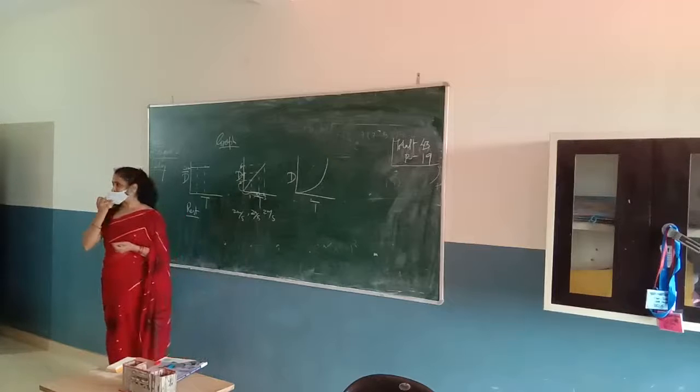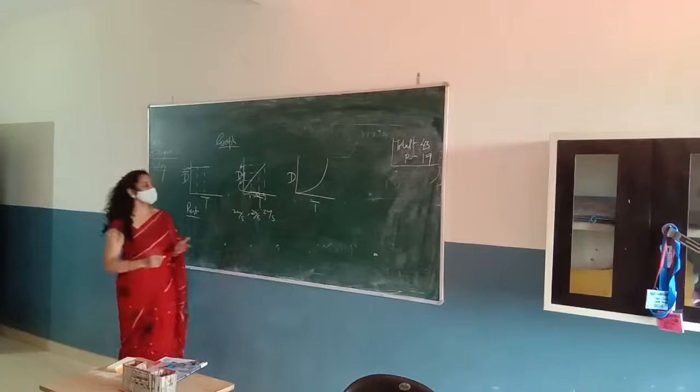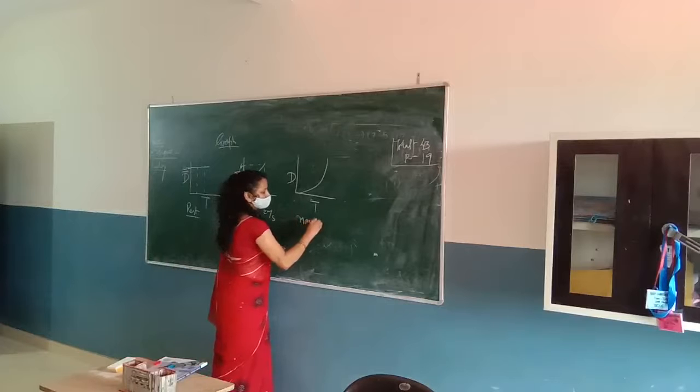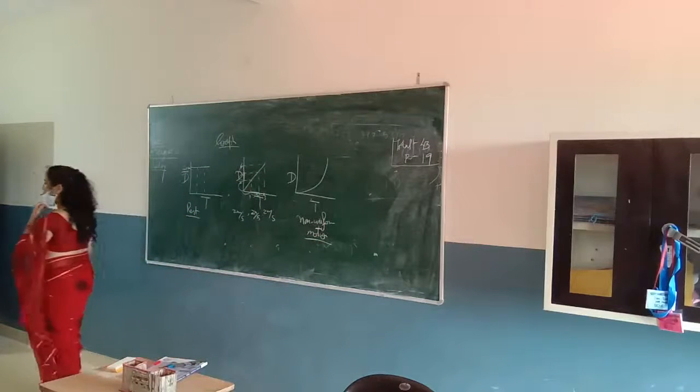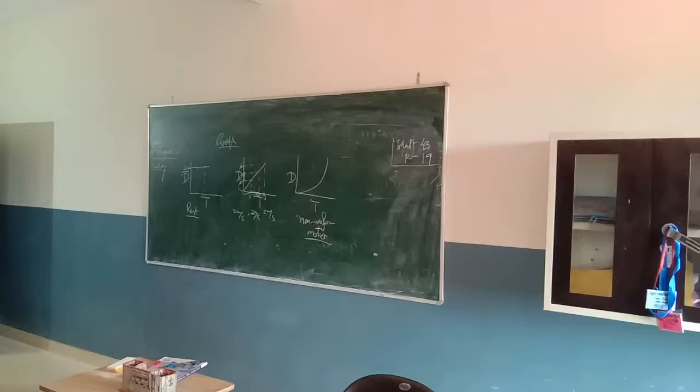And what about that graph? Yes, this is non-uniform motion. Non-uniform motion. Now please write down the question regarding these graphs. Question: draw distance time graph for the following.